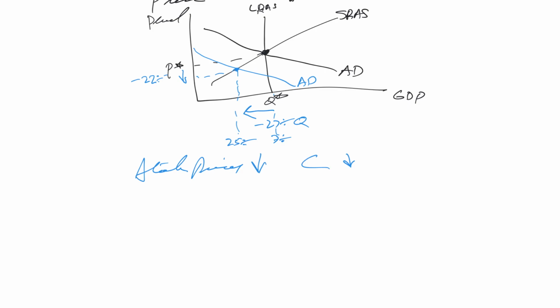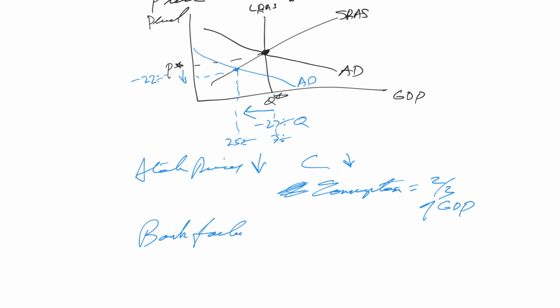Consumption is roughly two-thirds of GDP, or aggregate demand. So that's a huge hit right there. But even then, this was your ordinary recession until the bank failures.